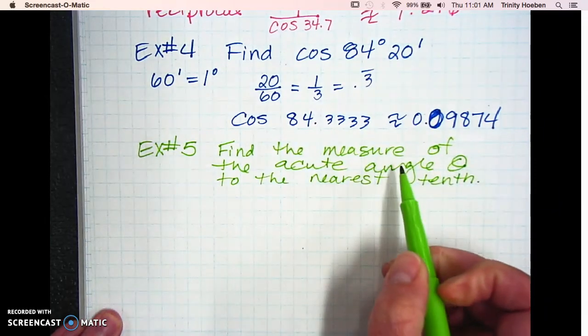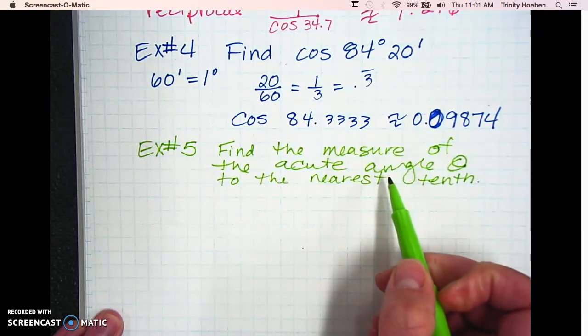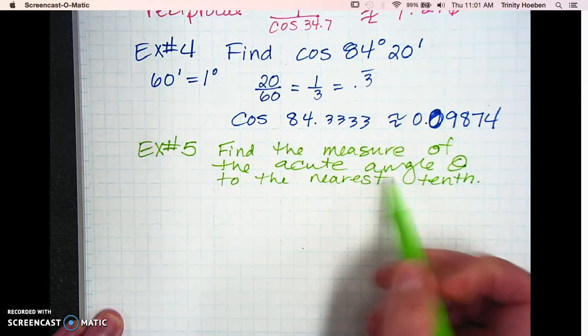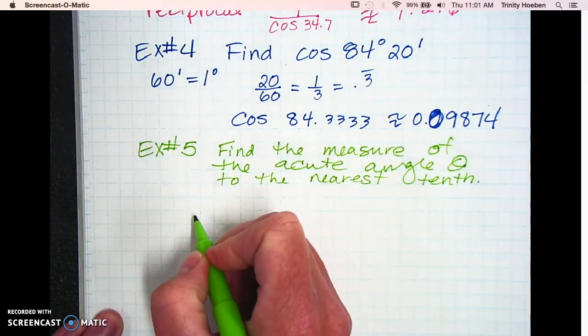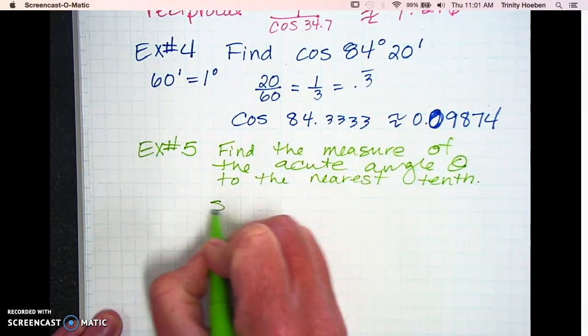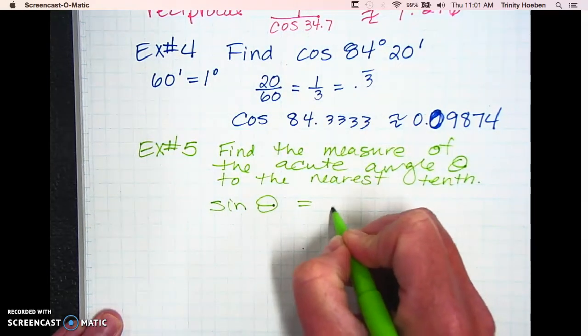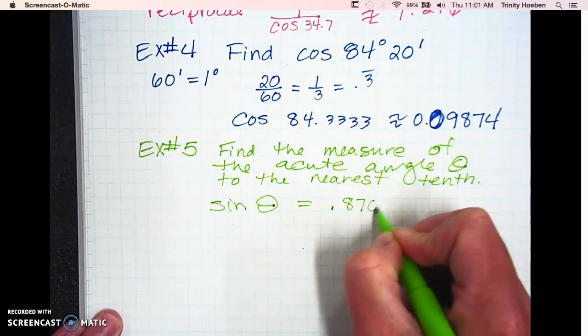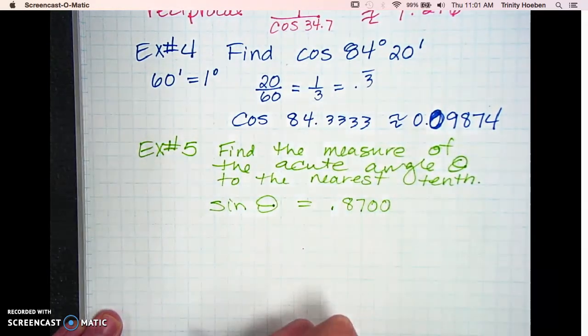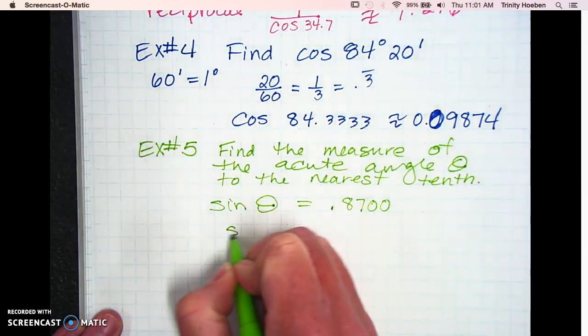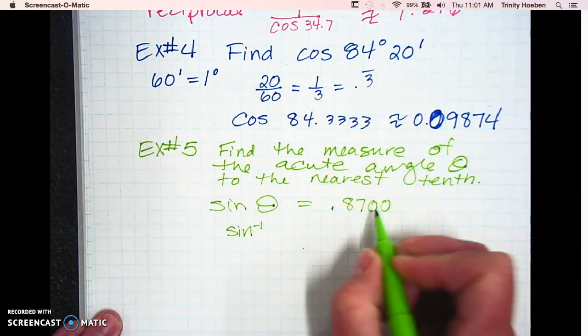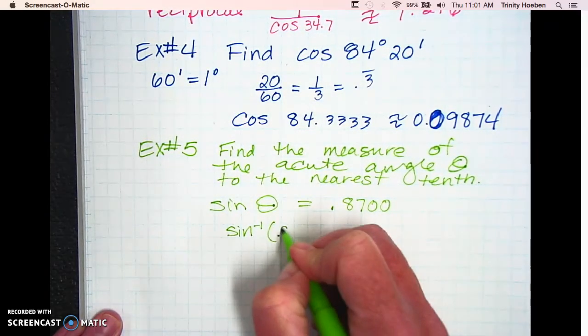When you're using trig and finding the angle, you're usually going to end up doing regular trig or inverse trig? Inverse trig. So if we have the sine of theta equal to 0.8700, that means we want the inverse sine of that decimal, 0.8700.